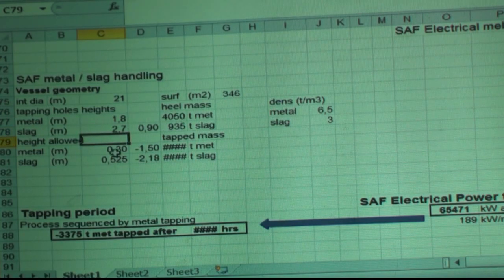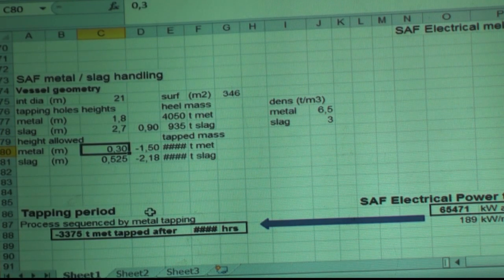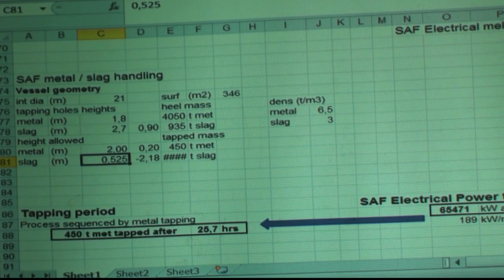And then this shows you how much metal and slag we have in the furnace. But then the problem is the metal height, that you understand. If I put 2.0 and for slag, in this case, 3.